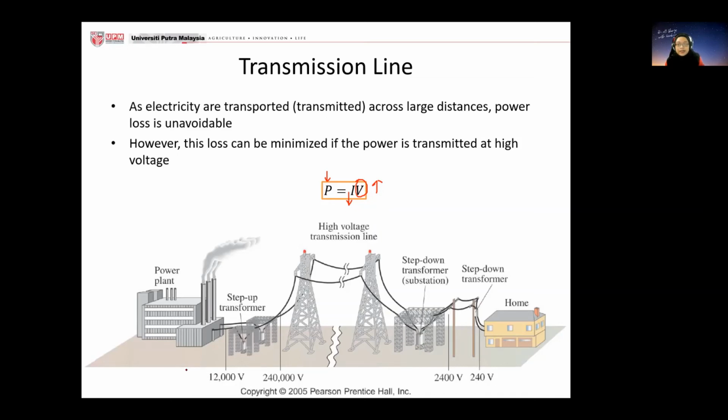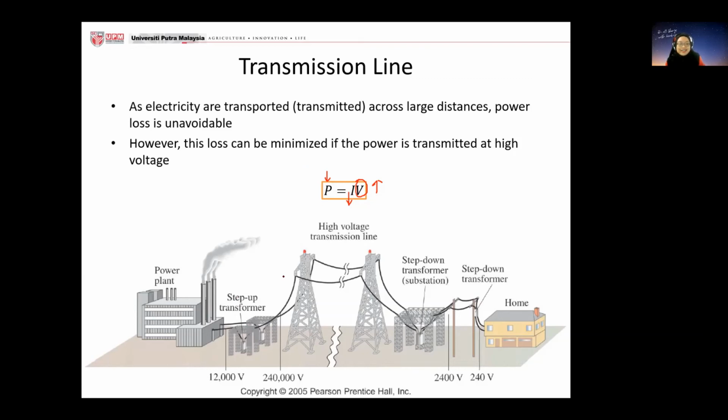If you look at the normal way of transporting electricity from the power plant to your home, you're going to have something like this: the power plant, and then it goes to a step-up transformer. Step-up, I think you can already relate to that.